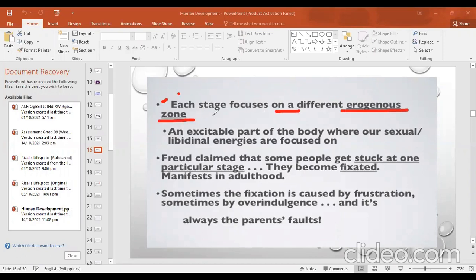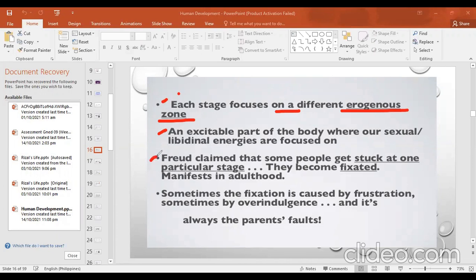So when we talk about erogenous zone or erogenous areas, it has something to do with anong part ba yung kailangan na masatisfy natin. Okay? Example, mouth, anus, genitals, and etc. So an excitable part of the body where our sexual or libidinal energies are focused on.